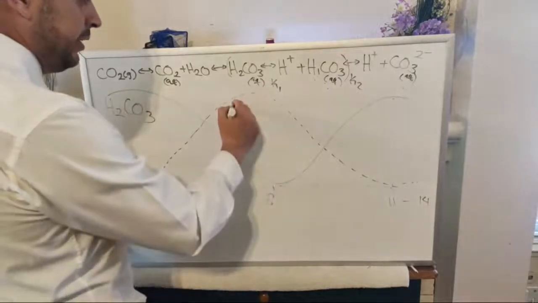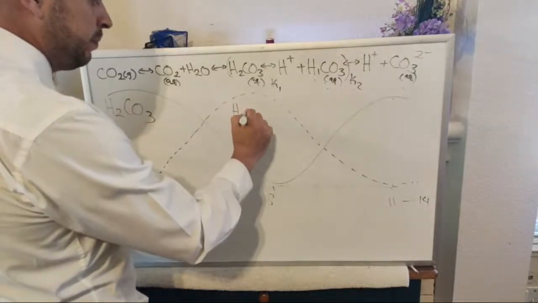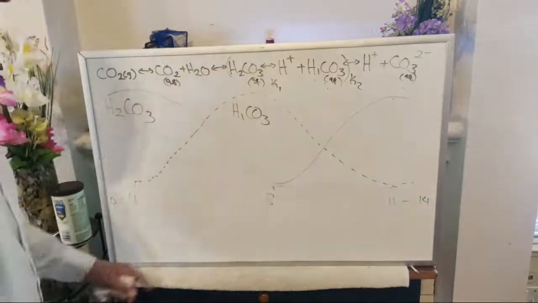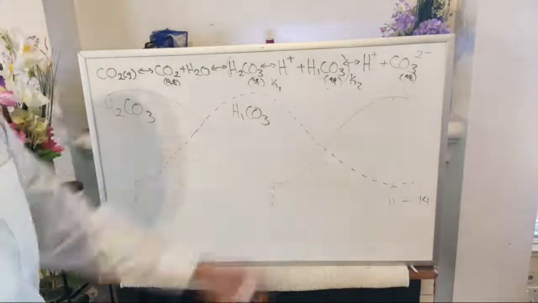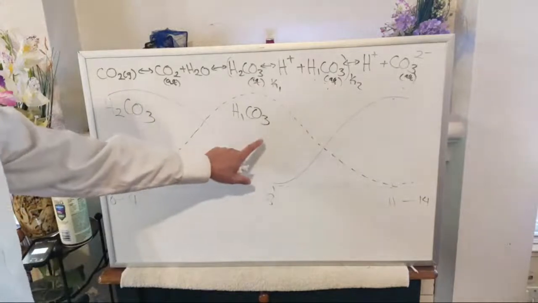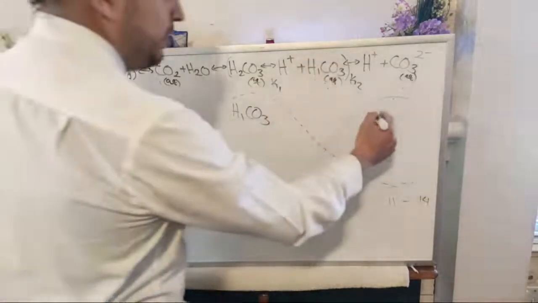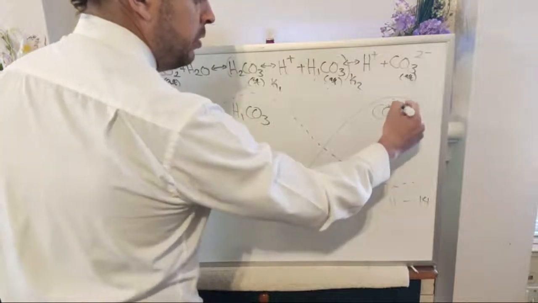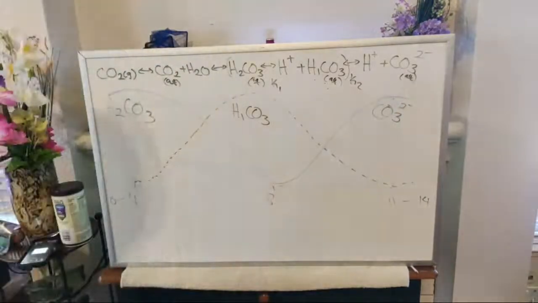All right. So then this is gonna be HCO3. And then when your pH is higher than 8, you're gonna have a lot of carbonate in the water, CO3 2 minus. There you go. All right. So that's a graph that I wanted to show you guys.